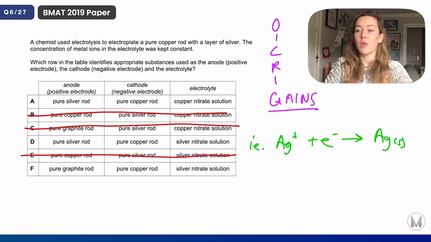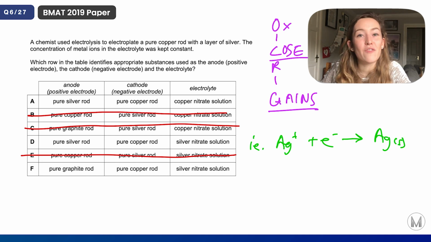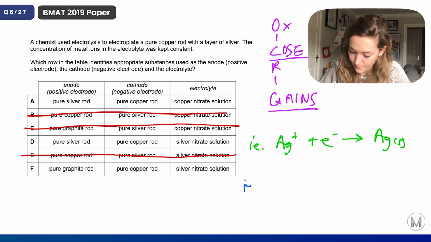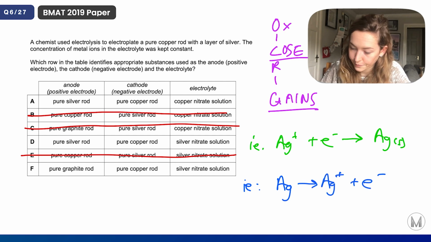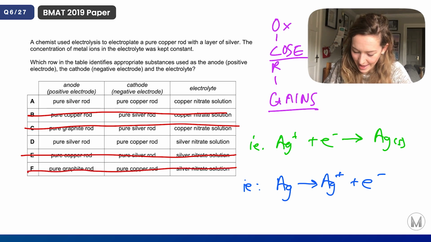Therefore, at the anode, we're having an oxidation reaction, so they are losing electrons. Therefore, my equation there will be Ag gives us my ion and my electron. And I'm therefore, because I know it has to be a silver rod, I can eliminate F from those options as well.